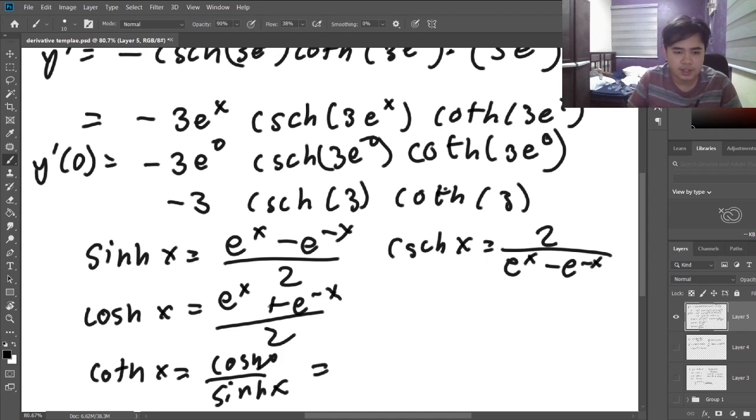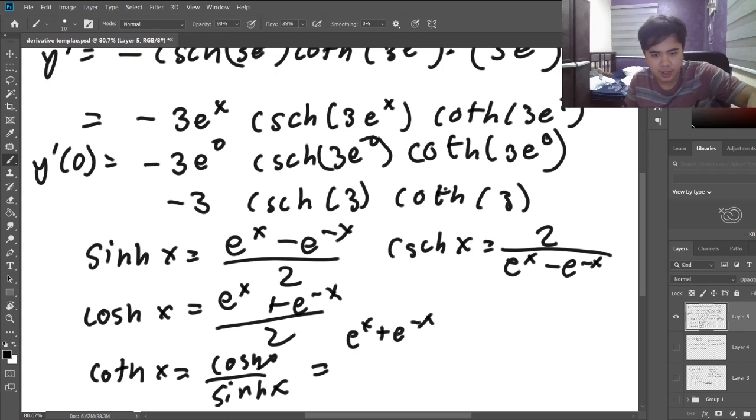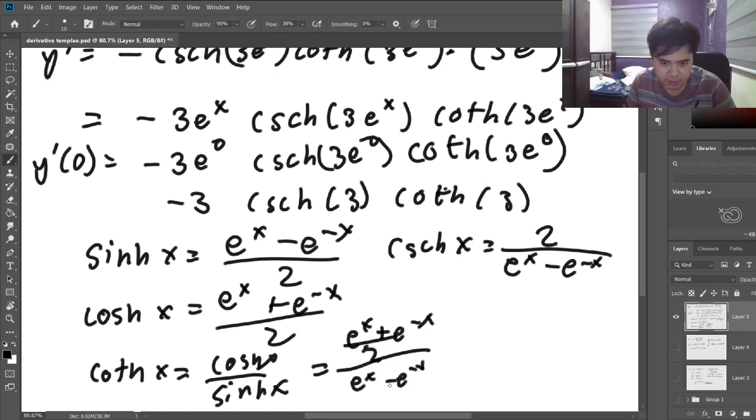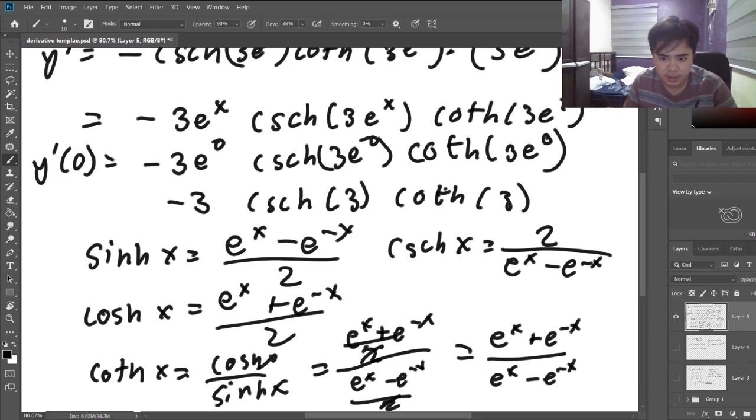Cosh x is this, so we get (e^x plus e^(-x)) over 2, all over (e^x minus e^(-x)) over 2. We can cancel the 2's here, and then we get e^x plus e^(-x) over e^x minus e^(-x).